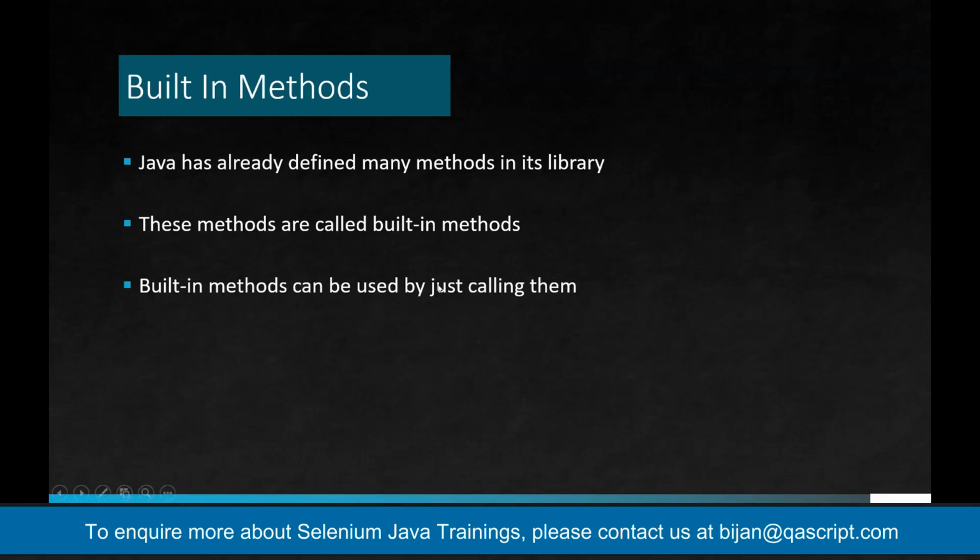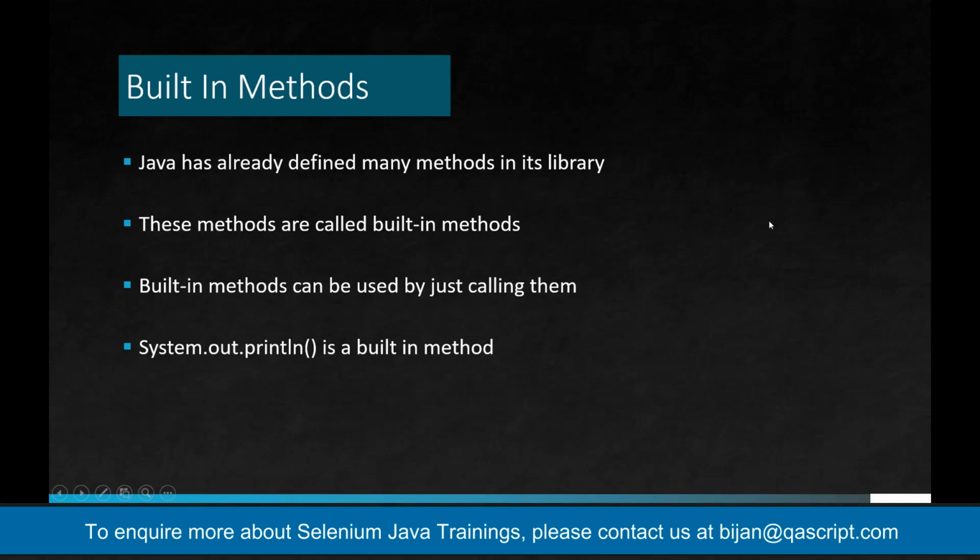So built-in methods can be used by just calling them, as I told you earlier. We have been using a built-in method in all the code which we have written till now, if you have noticed: System.out.println, right? This is a built-in method which directly prints whatever value you're passing inside the System.out.println to the console.